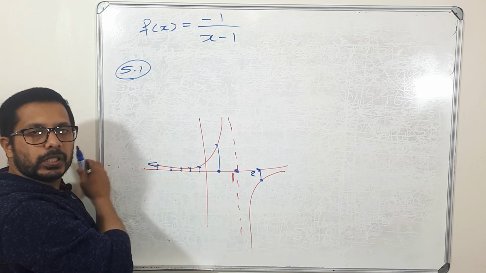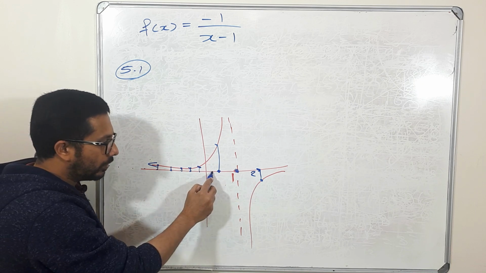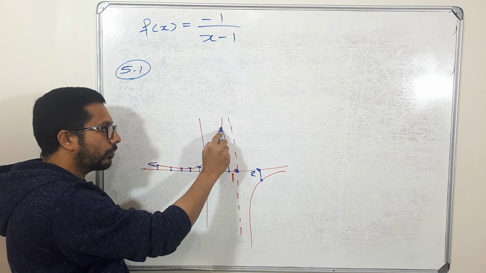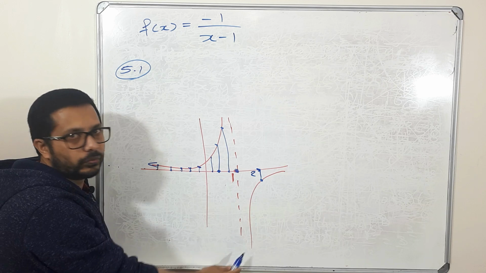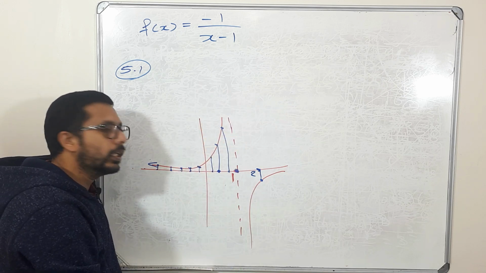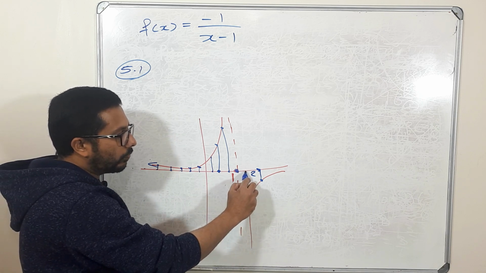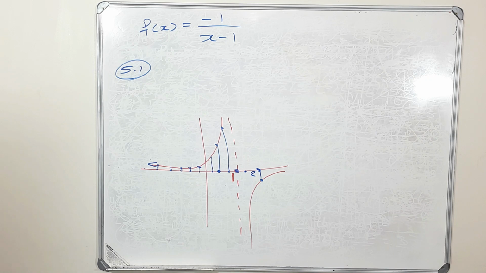That means on this side, for any x value, I can find a point. Here, I can find a point on the graph. So what about 1? You can't find any point on the graph because that is the vertical asymptote. Then after that, 1.5, can you find a point on the graph?